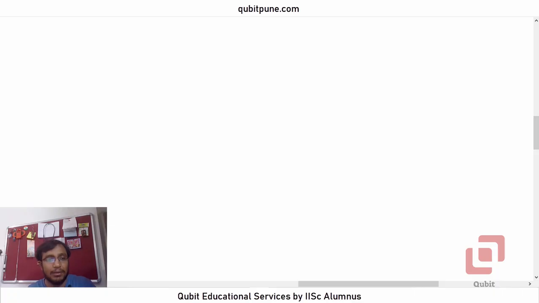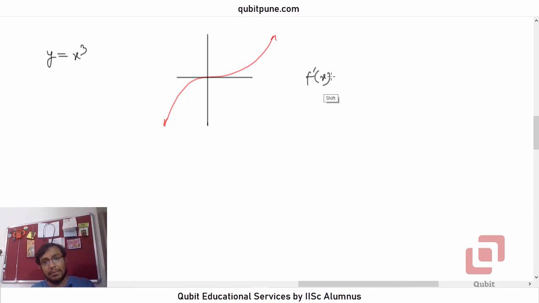If we take an example of a function like y equal to x cube, what condition is there when y equal to x cube has an inflection point? This is where the function has an inflection point at x equal to 0. Here, the first derivative is 0, but the second derivative is also equal to 0, isn't it?